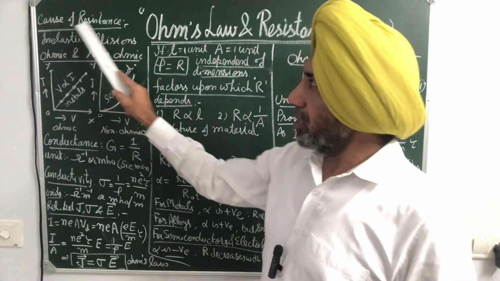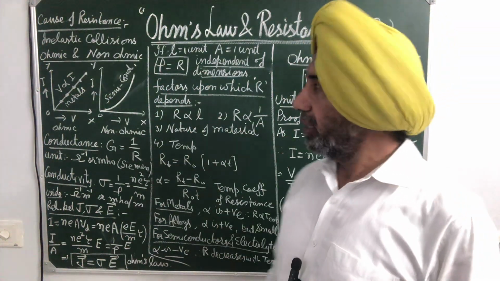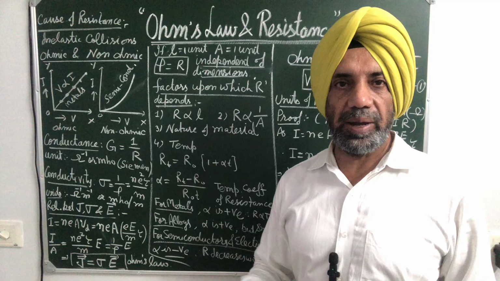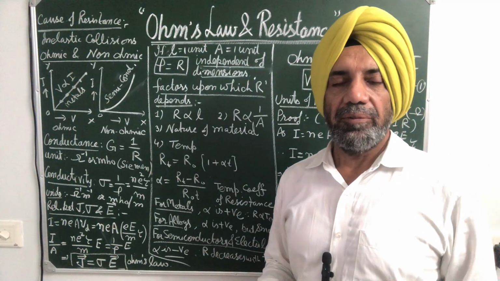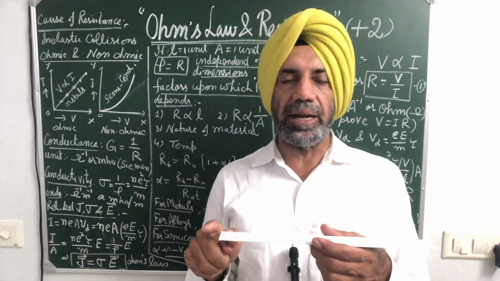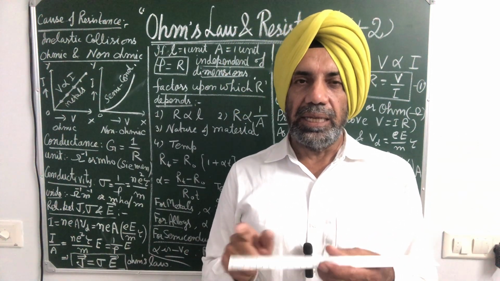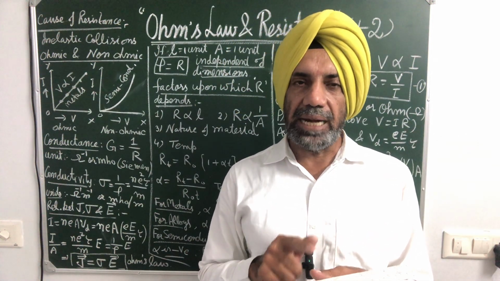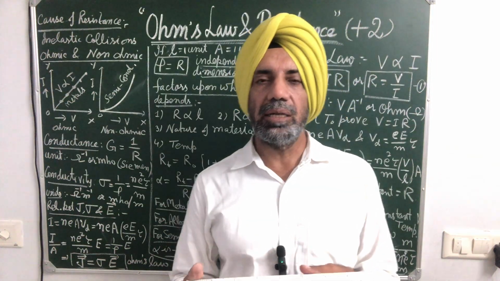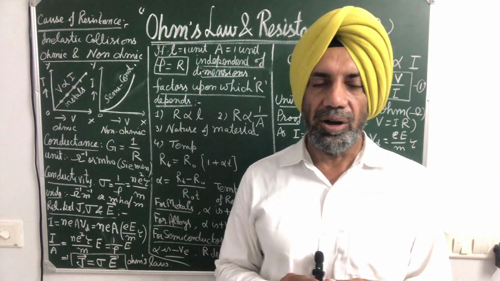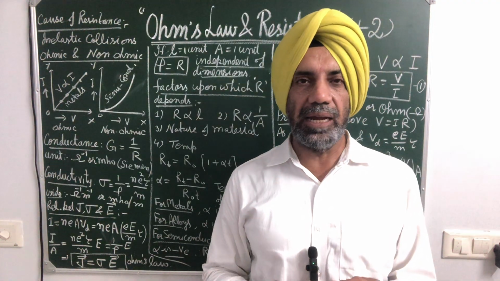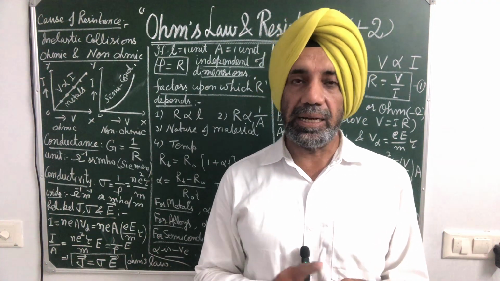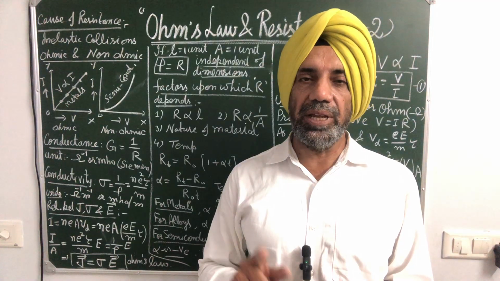Then, what is the cause of resistance? We have defined resistance as the opposition offered by the conductor to the flow of current. So what happens when current is passed through a wire or a conductor? The electrons get accelerated due to the electric field or potential gradient. As a result, they acquire speed and kinetic energy. But the kinetic energy is lost at every collision.